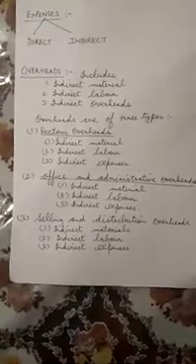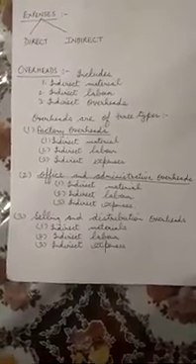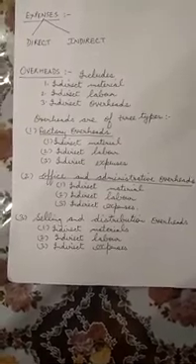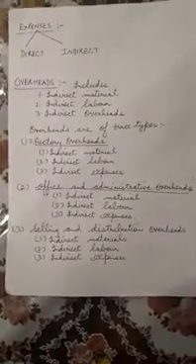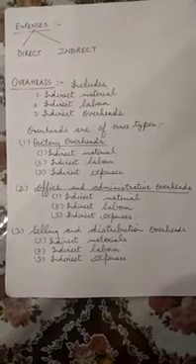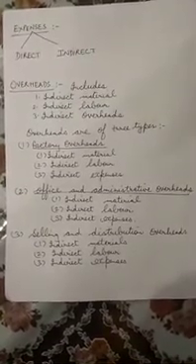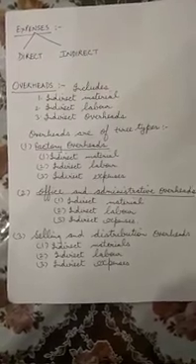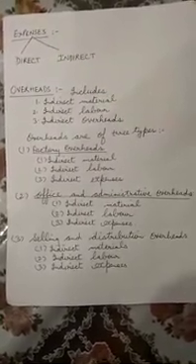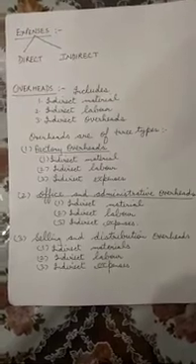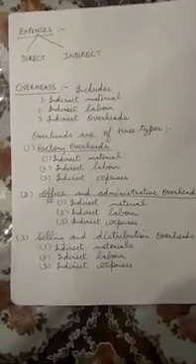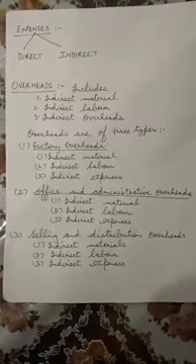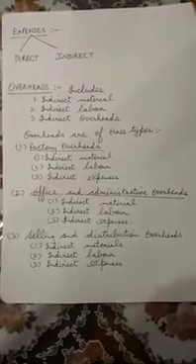And indirect cost refers to all those costs which are incurred in a company which are not directly chargeable to the production, such as salaries of the timekeeper, salary of the foreman, etc. They are not directly involved with the production, so their salaries are termed as indirect cost.